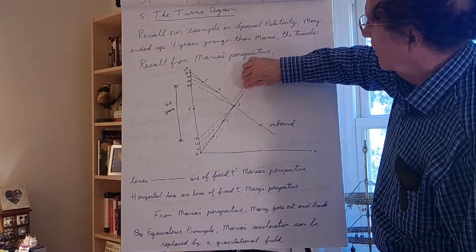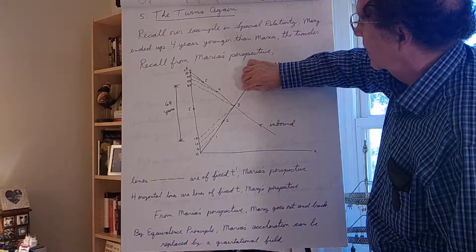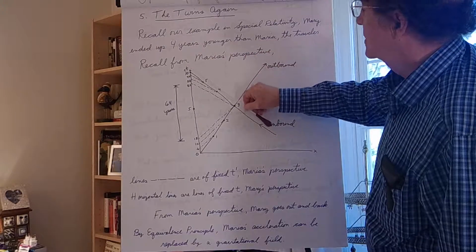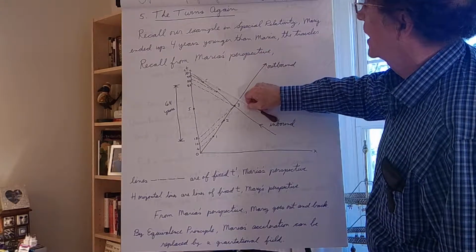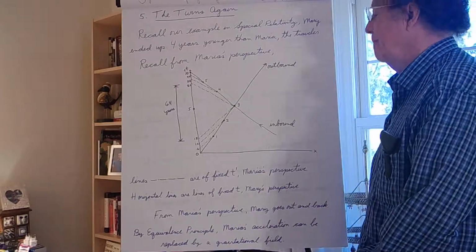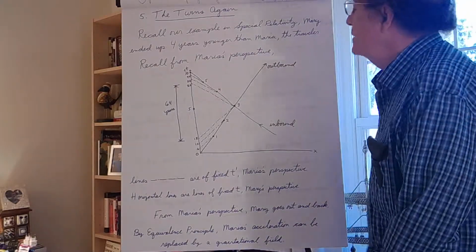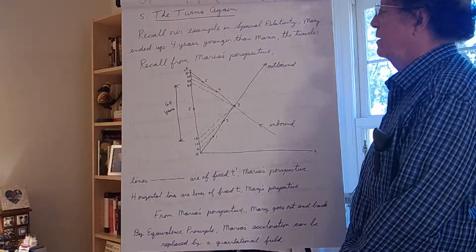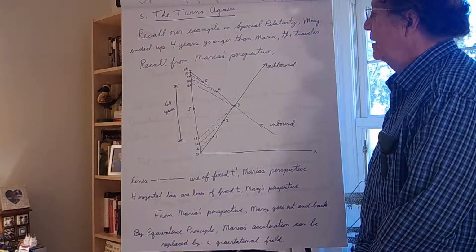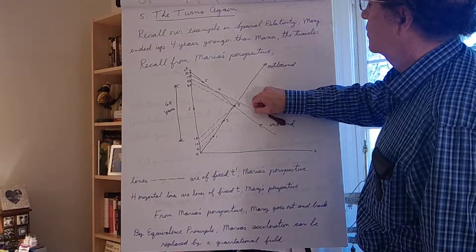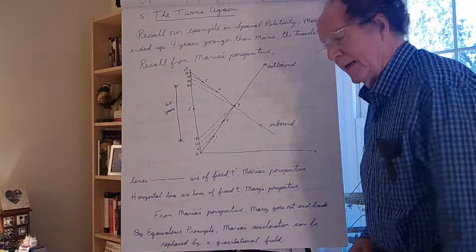The relation of the path of the rocket going out to the lines of constant time here is the same as the path of the rocket here to the lines of constant time here, because it's just v goes to minus v. So take a look at that in the discussion of the twin paradox for special relativity, and verify that. And again, Maria sees time dilation of this variety after she's made the jump.